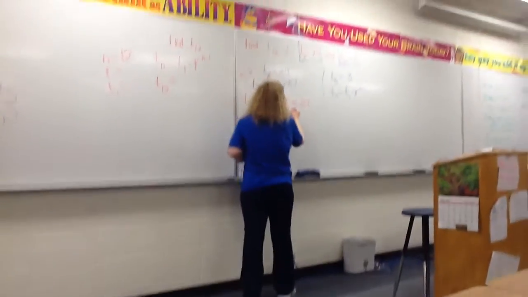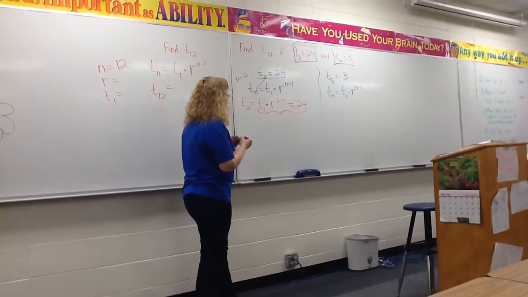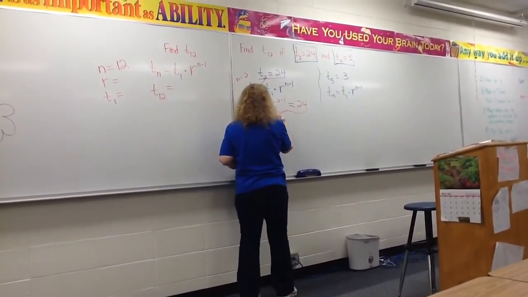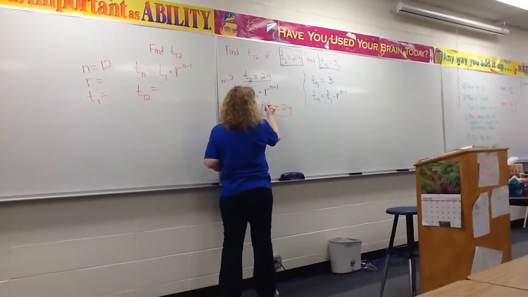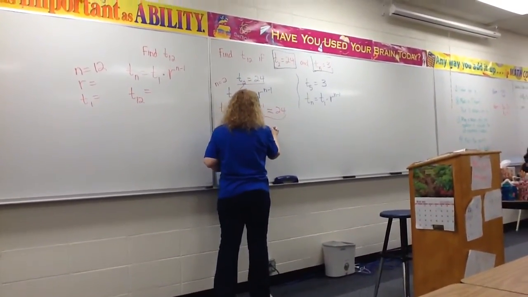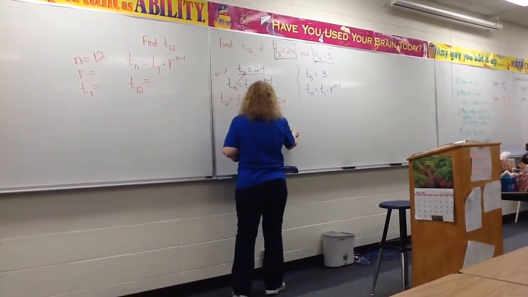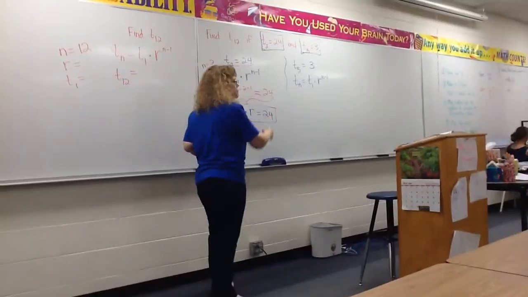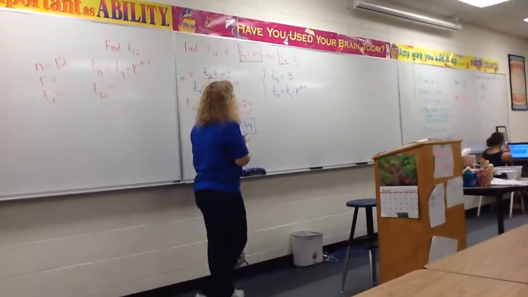So, right here, that's the part of the equation that we're going to be concerned with. And if I simplify this, T1 times 2 take away 1, so R to the 1. This by itself doesn't give us much information, but we're going to make another one over there, and that should get us what we need.